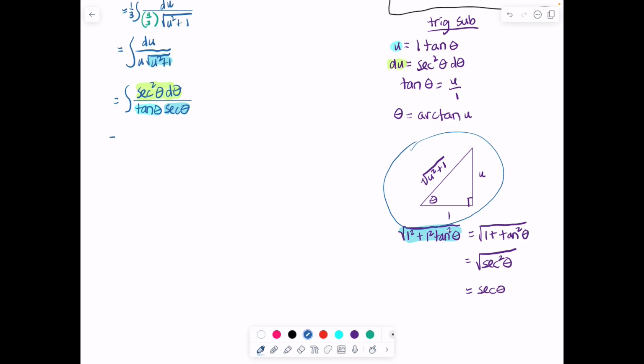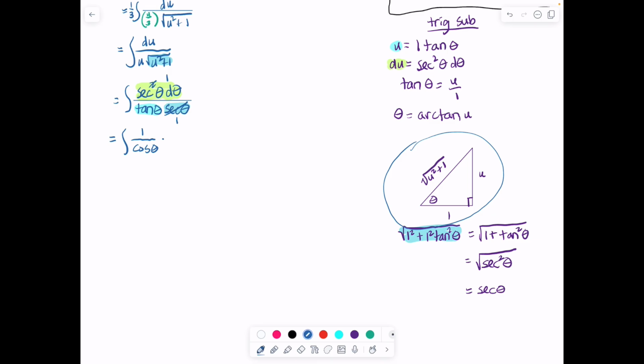Okay, so now let's simplify this. We're going to end up with the integral, sorry that's a little shaky, of, first of all, we'll divide out one factor of secant theta on the top and then the entire factor of secant theta on the bottom. We'll be left with 1 over cosine theta, that's what secant theta is, correct?